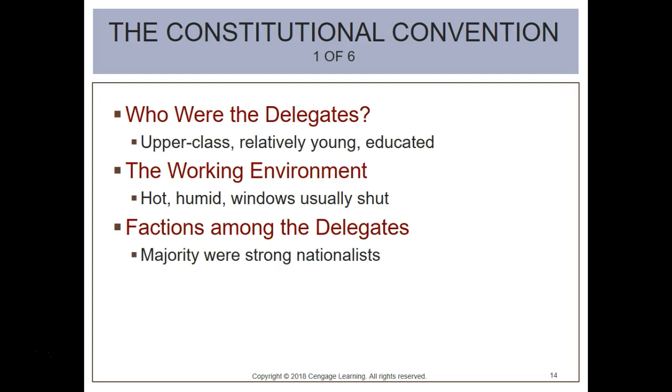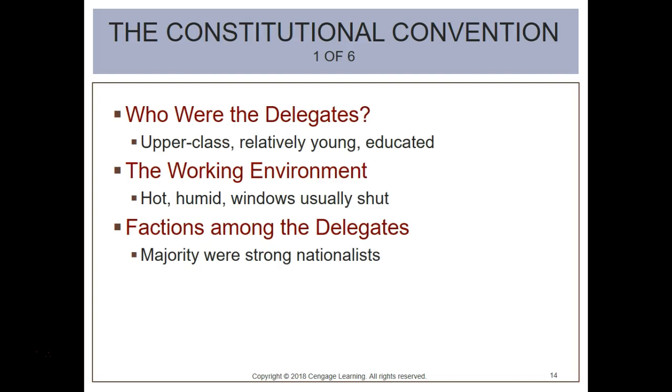The working environment, this actually all took place in Philadelphia, Pennsylvania. It was very hot and humid at the time. Benjamin Franklin actually lived right down the road from the State House, which is where this all took place, the Pennsylvania State House. So, of course, the book talks about factions among the delegates.